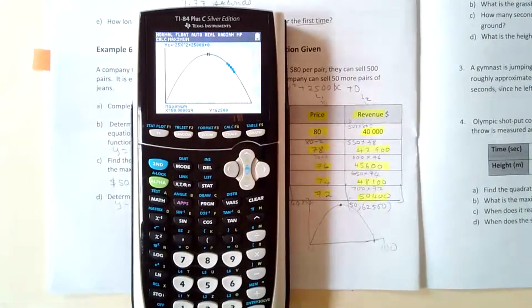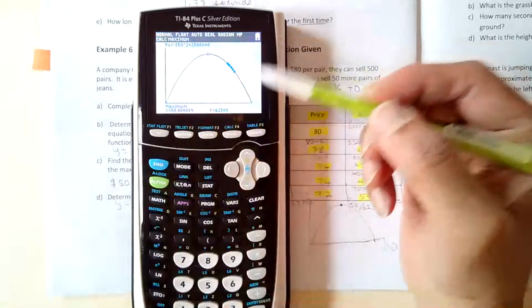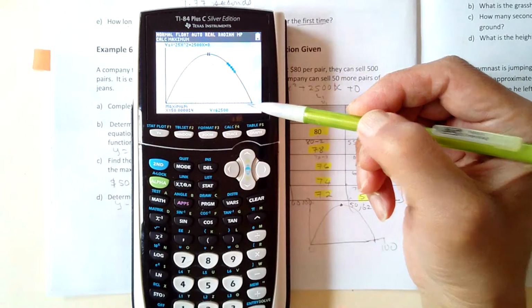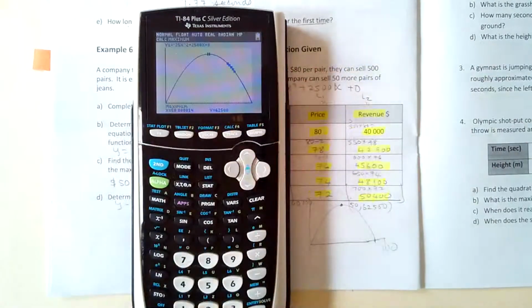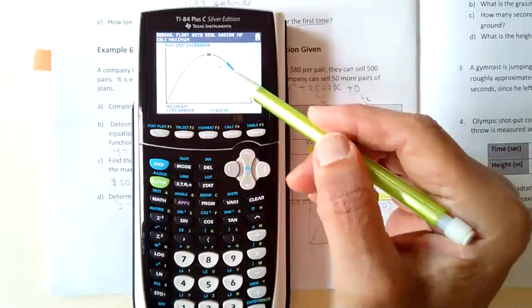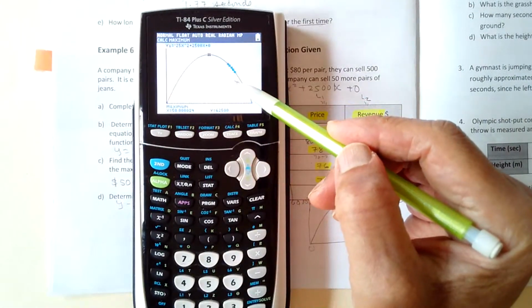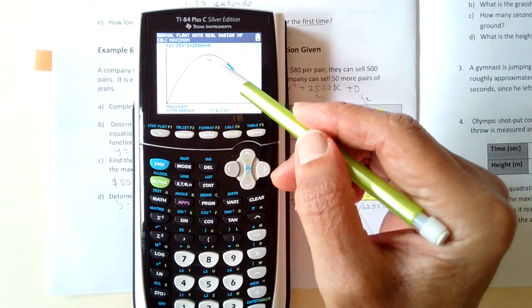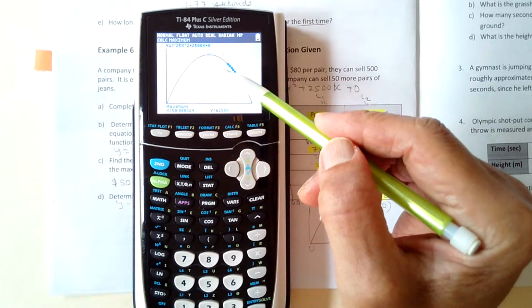Now, there's no need to find the x-intercept. The x-intercept will tell you when the revenue is 0. Notice, as you decrease the price beyond $50, you start to make less money.